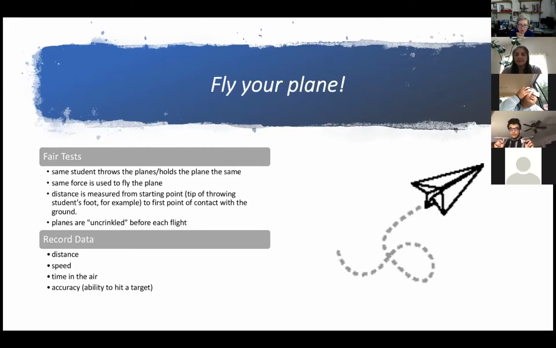Which one seems to fly faster? Which one stays in the air longer? And you can time the amount of time in the air. And obviously this is easier to do with a partner, but do the best you can.